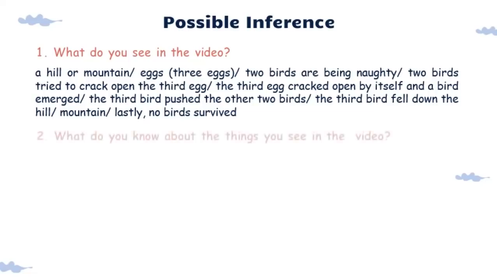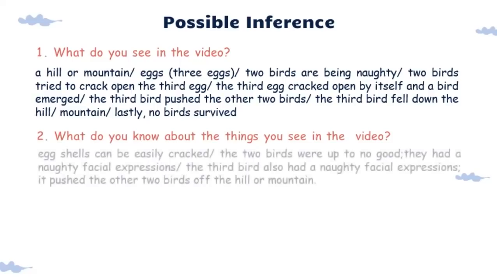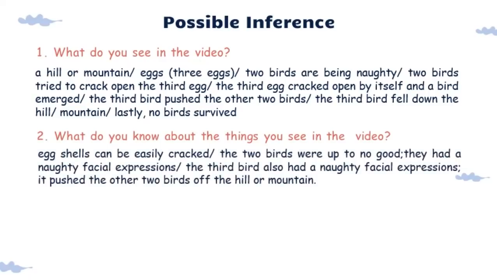So based on what we saw in the video, based on the information that was given in the video, what do we know about these things? About eggs, about the birds being naughty, what do we know? So we know that eggshells can easily crack. And then when the first 2 eggs cracked, 2 birds came out. These 2 birds were up to no good. Why? Do you remember their facial expressions? They had that naughty kind of facial expressions, right?